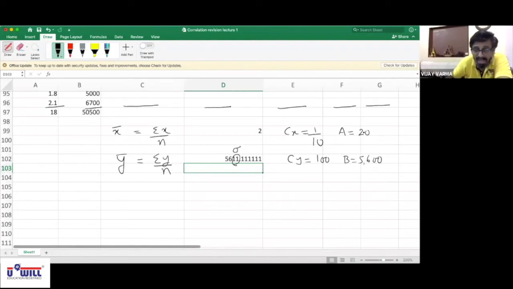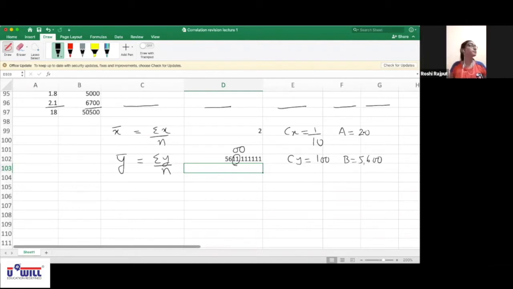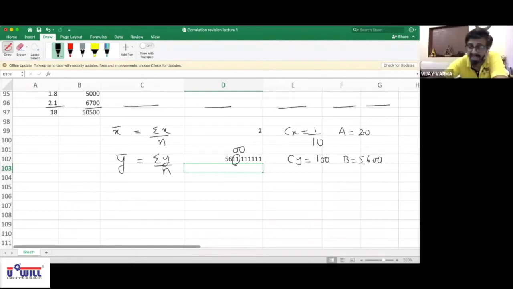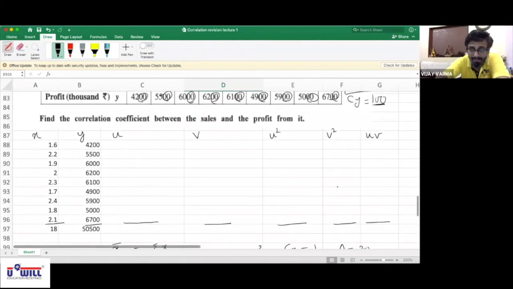Since all the values are ending with 00, the assumed mean should also end with 00, meaning it should be a multiple of 100. So near to 5611, we take 5,600 as assumed mean of B. Anyone who is not clear about assumed mean of A and B? Everyone is clear, so we proceed further.